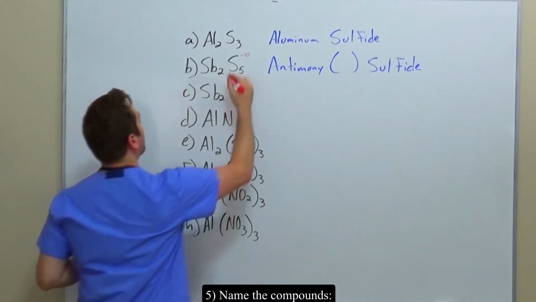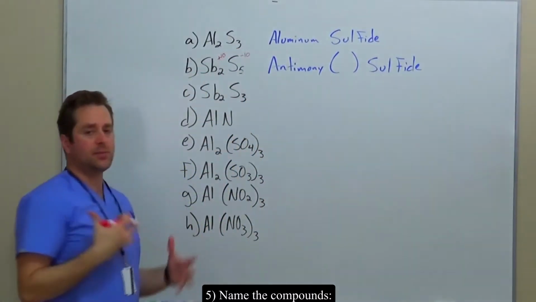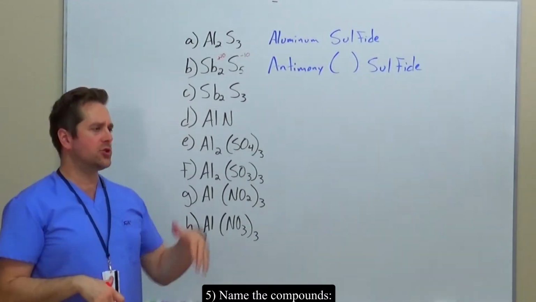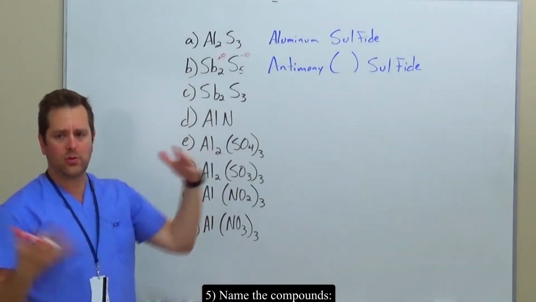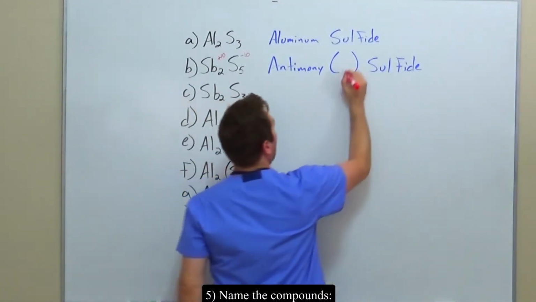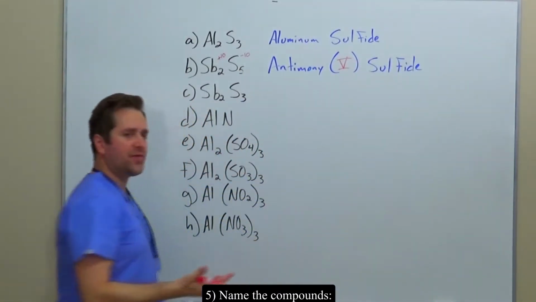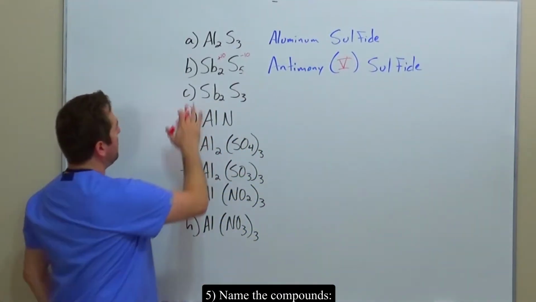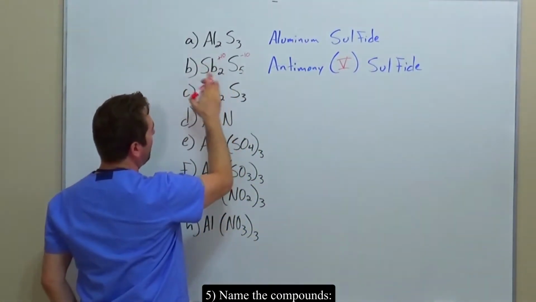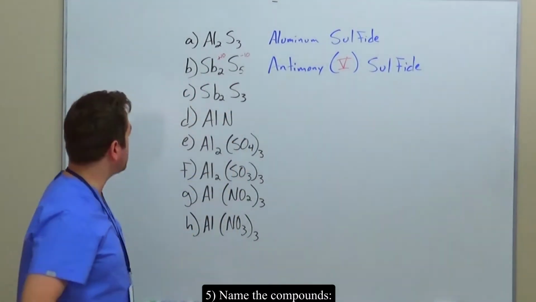So we know overall this has to be a +10. Now how many antimonies do we have? We have 2 of them. So just take 10 divided by 2, and what is that? That's +5. So each antimony has to have an oxidation number of +5. So we say that this compound is antimony(V) sulfide. You get the process? Pretty straightforward.